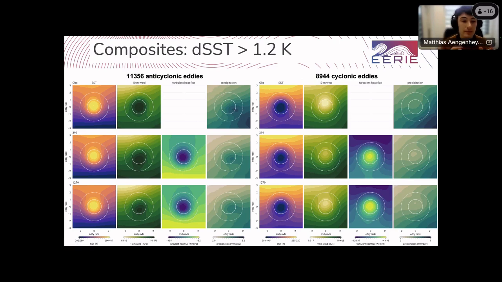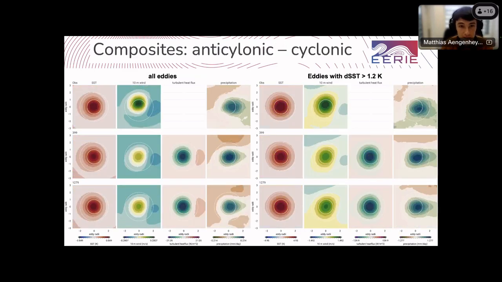One way now we can combine these two, to get the impact of eddies, is to take the difference between these two sides. So we do the difference between anticyclonic and cyclonic eddies. And this also has the effect of largely smoothing out this residual gradient that we saw. And here we show this difference between anticyclonic and cyclonic eddies for all the eddies on the left and for only the strongest eddies on the right.